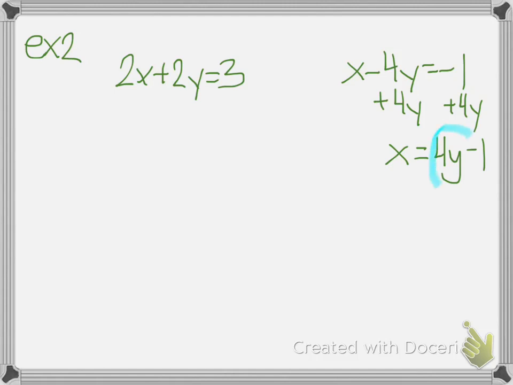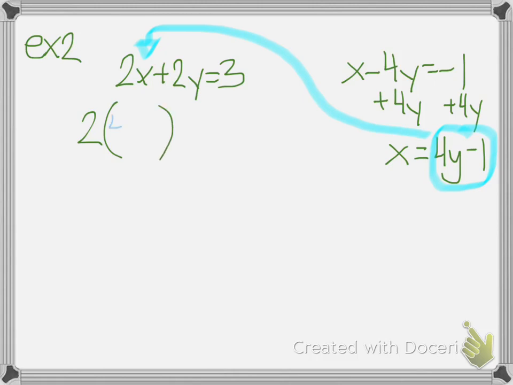X is all of this. I can take all of that and plug it into the other equation, and everywhere I see x, I'm going to plug in 4y minus 1.